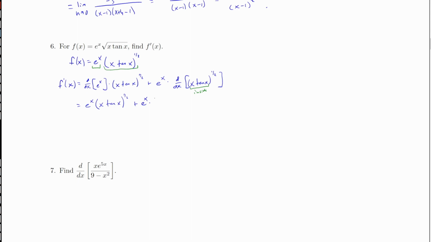So the 1/2 comes down, inside stays the same, lower the power by 1, and multiply by the derivative of the inside stuff. Okay, so now let's recopy.